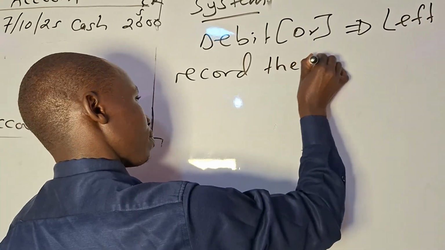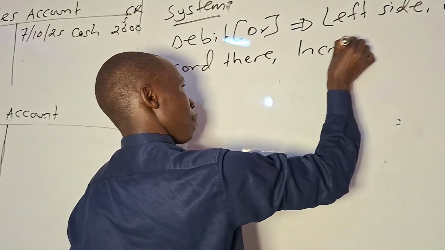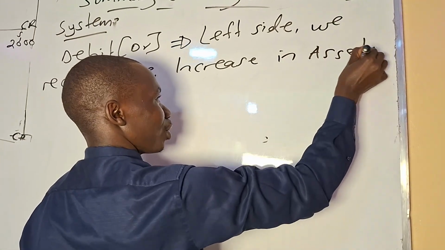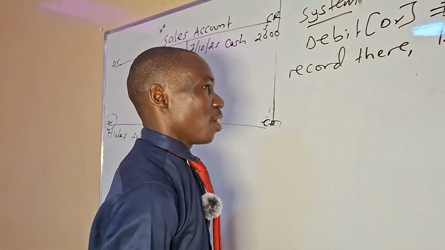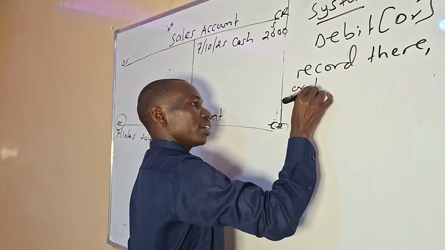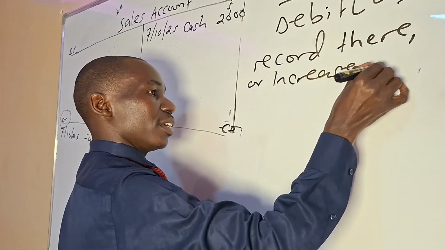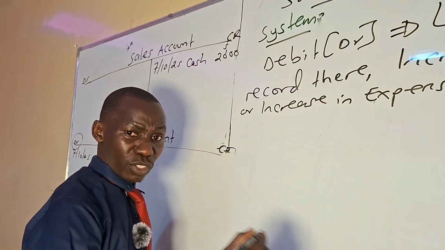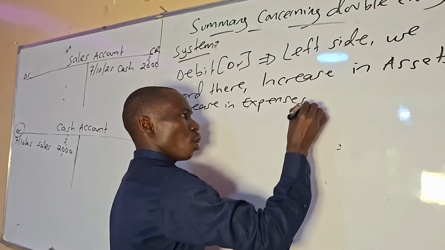there increase in assets. Don't forget our accounting equation, which has assets, or increase in expense. Expense here could even include the purchases, as long as it's an expense.